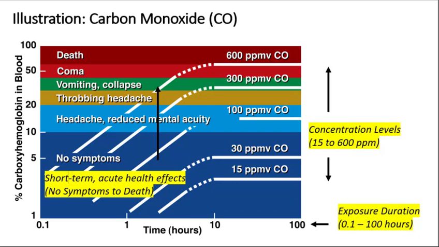As with SO2 from the previous slide, the same health effect can occur with a short-term exposure to high concentration or a long-term exposure to a lower concentration level. For example, headaches or reduced mental activity can occur with a 1-hour exposure to 600 ppm or a 10-hour exposure to 100 ppm.